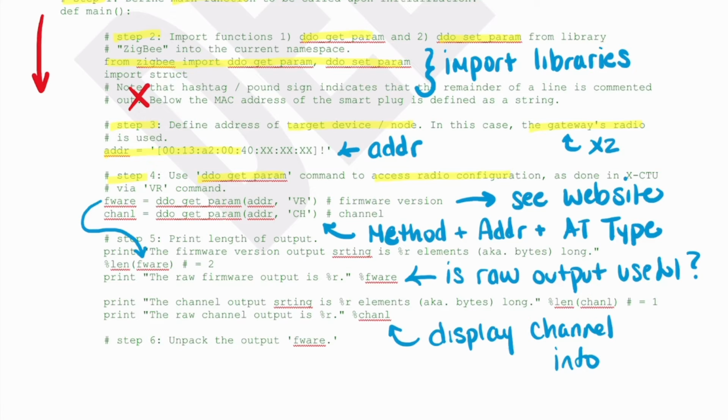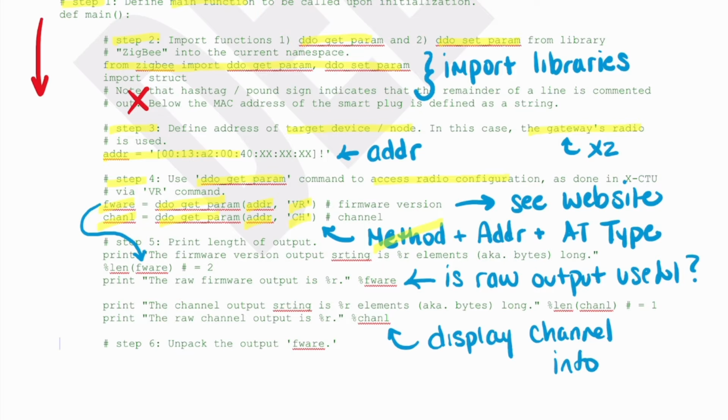So pretty straightforward here. We define two variables, fware and channel. Then we use the DDO get param method 2 times. Both are going to employ the same address, but they are going to specify different types of AT commands or different parameters to access. But all of them have 3 pieces. You have your method, you have your address, and you have your AT type.